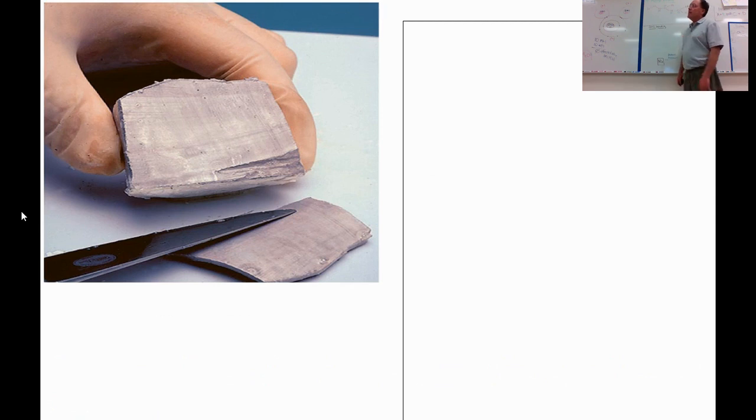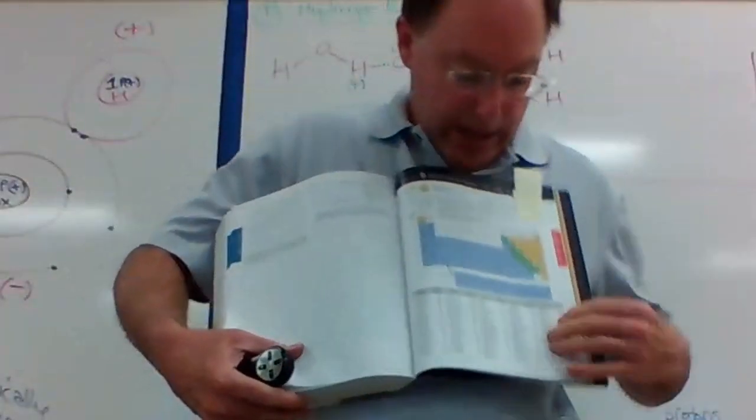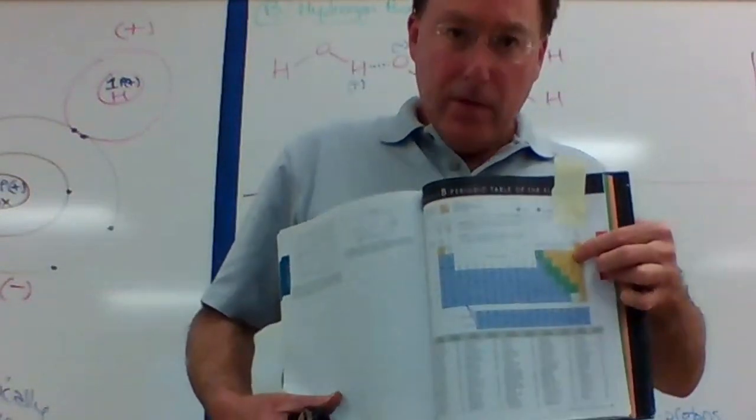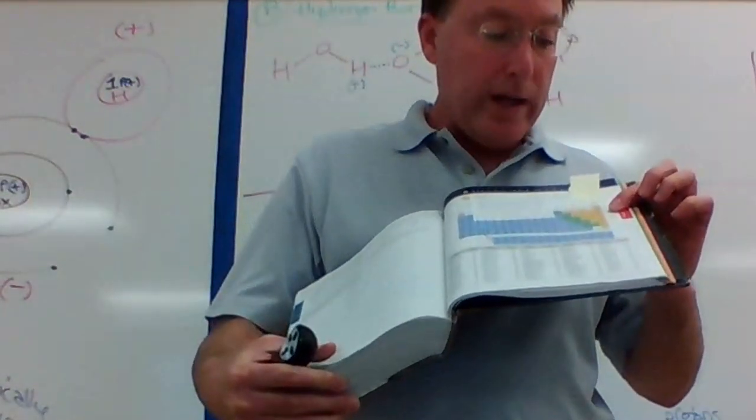I think this is fascinating because here's sodium in its elemental form. It's super reactive, and the reason why it's reactive is because, I'm getting a textbook here. It's way over here. It's in the same row with fluorine, chlorine.